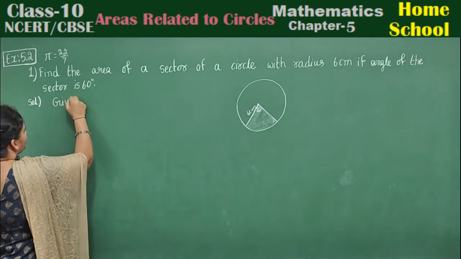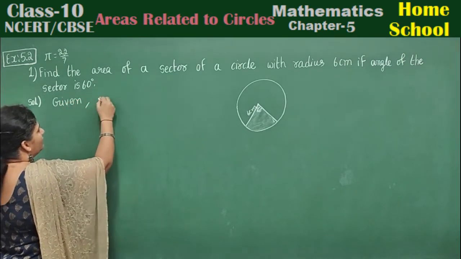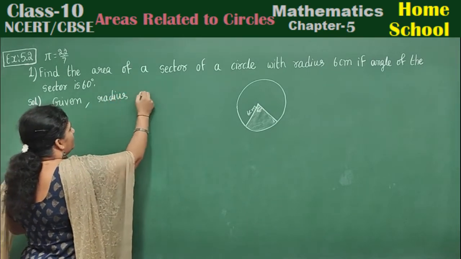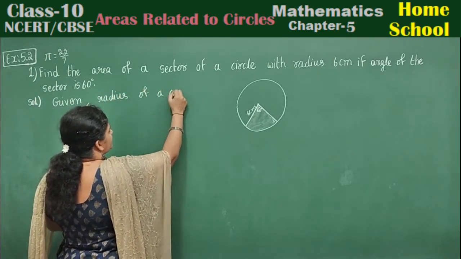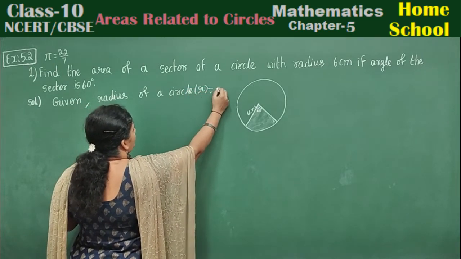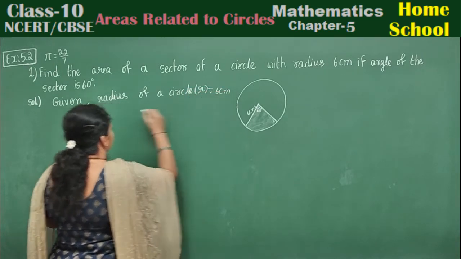Given: radius of a circle, R is equal to 6 centimeters.